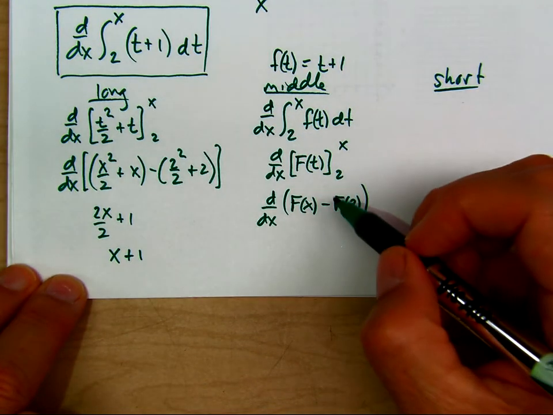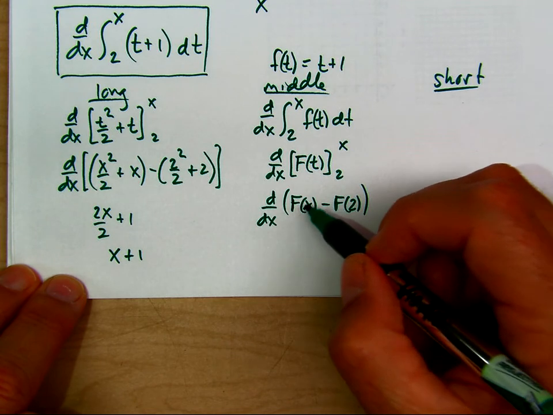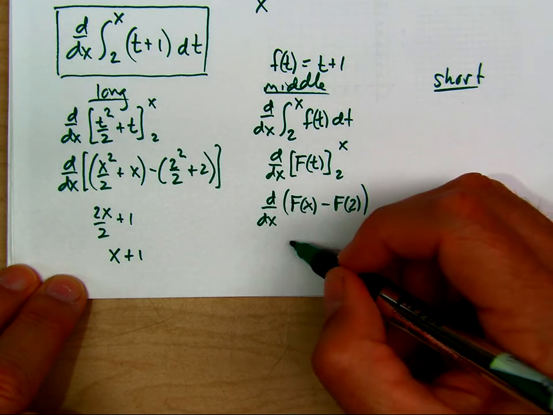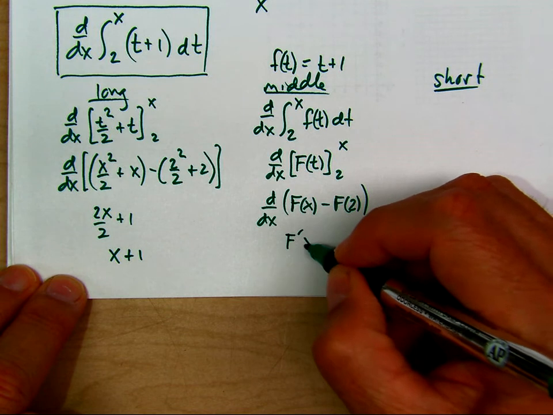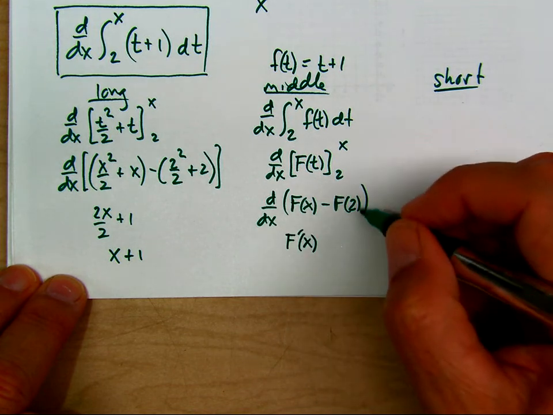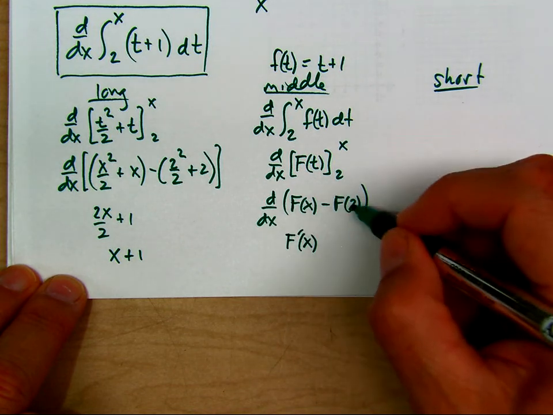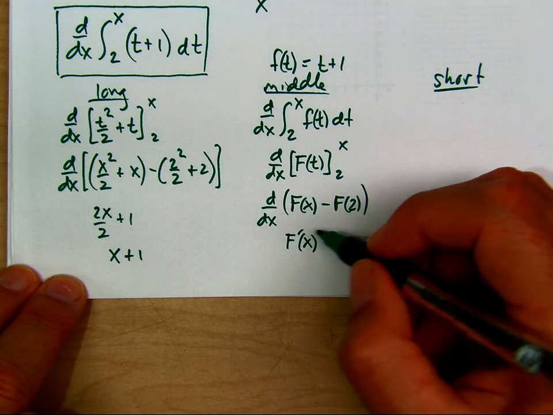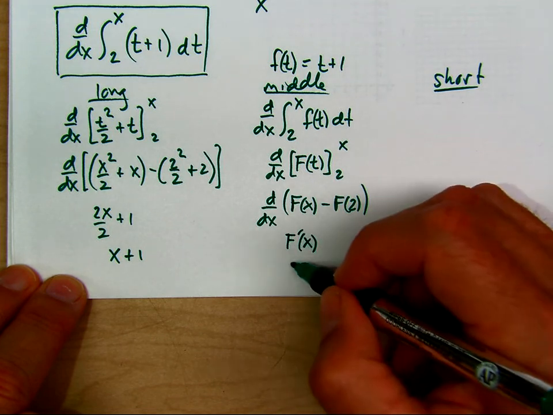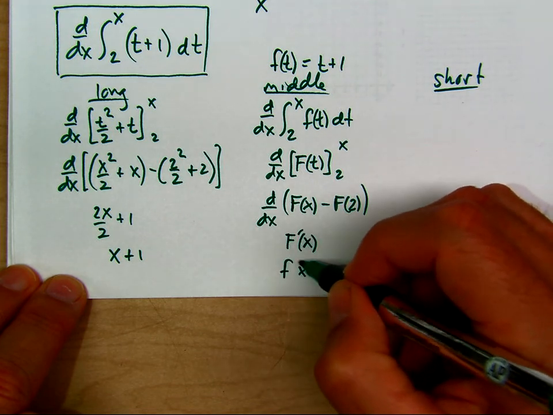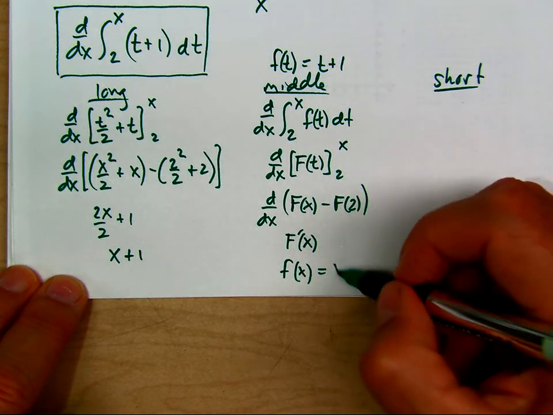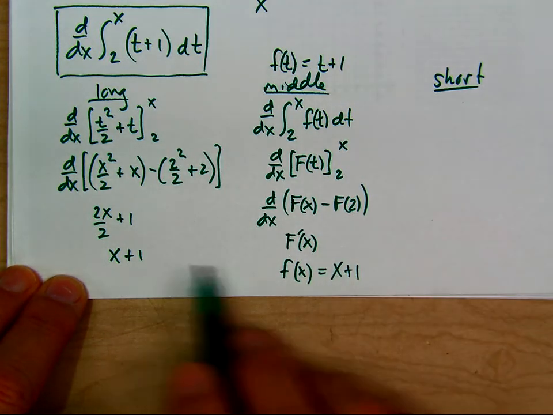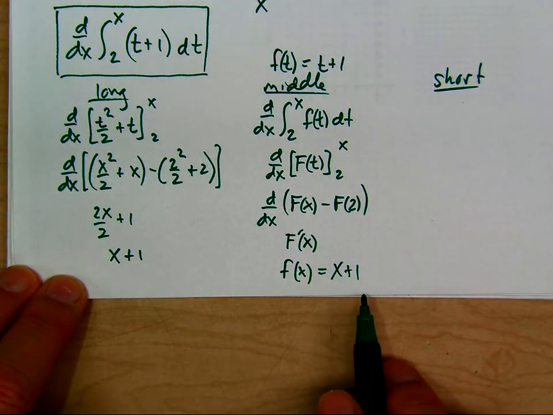Let's do the derivative of this. That's going to be capital F prime, and the derivative of a constant is 0. So all we need is capital F prime, which is lowercase f. And we know that f of x is x plus 1. We want to make sure we're getting the same answer both ways.